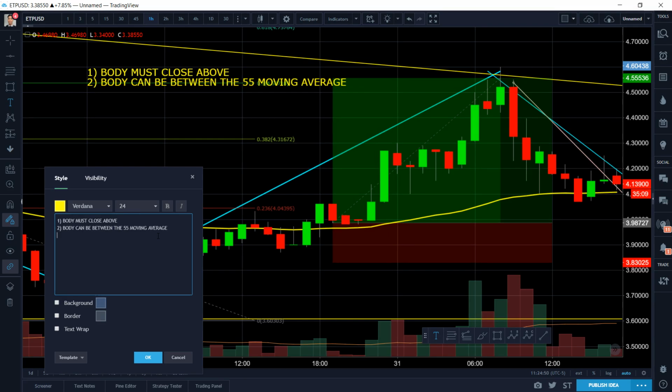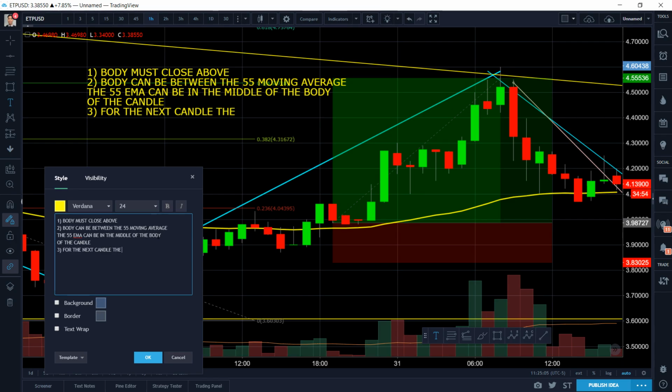So what that means is the 55 EMA can be in the middle of the body of the candle, okay? And then 3, the next one, for the next candle, the wick must poke through the 55 EMA. And then my next condition that must be met is the body must successfully close higher.